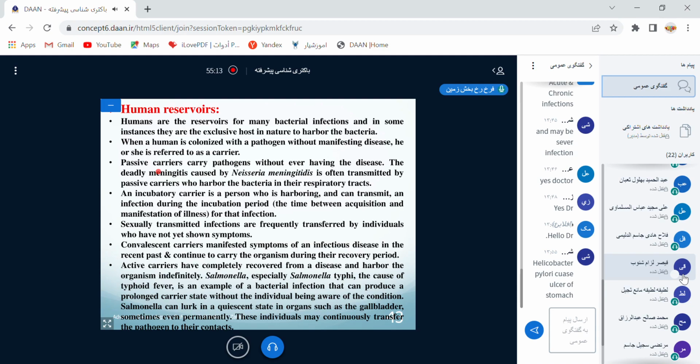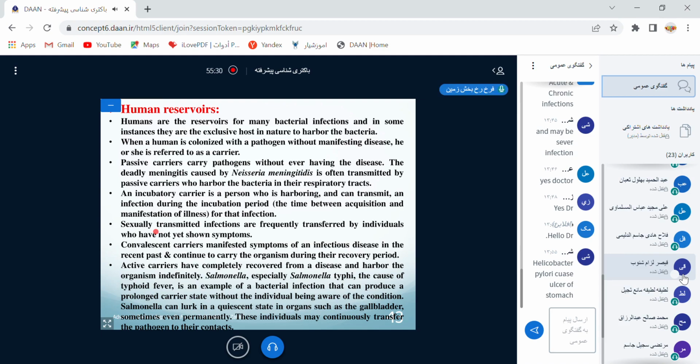Incubatory is before starting the acute phase, in the incubation period, when pathogens transfer from the infected person to other people.